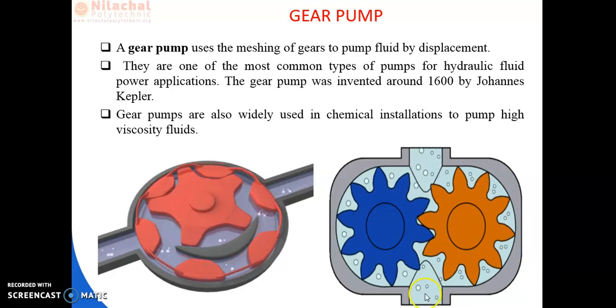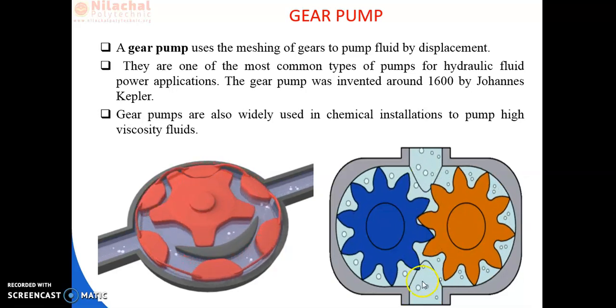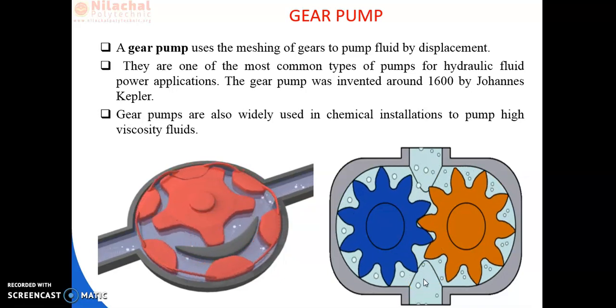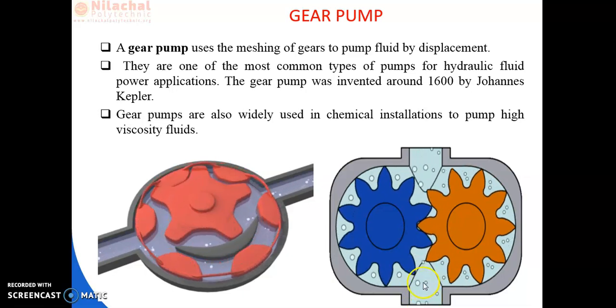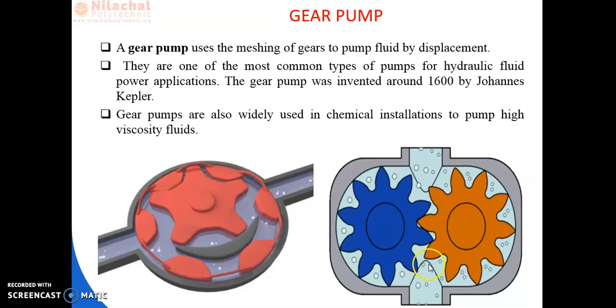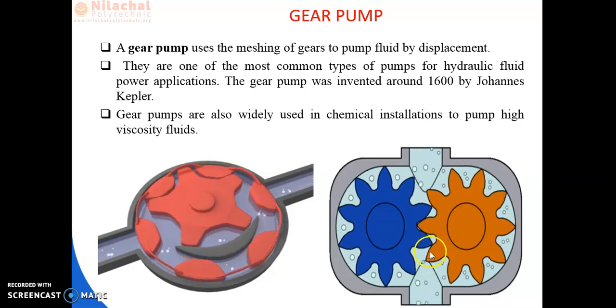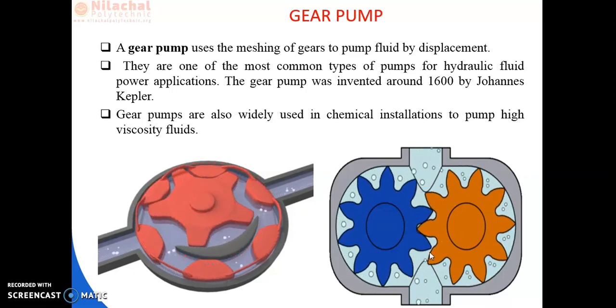This is the inlet of the pump. This is the outlet of the pump. At the initial stage, a vacuum pressure is created inside the casing, thereby the liquid enters the casing of the gear pump. Inside the casing, it is filled with the liquid.